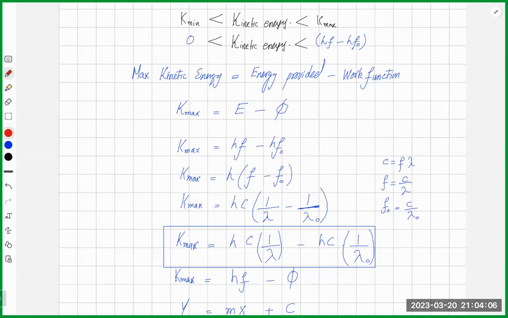Remember, when the frequency is minimum, the wavelength is maximum. They are inversely proportional. So lambda naught is the maximum wavelength of a photon that can bring an electron out with zero kinetic energy. Every wavelength less than that will definitely have more energy.